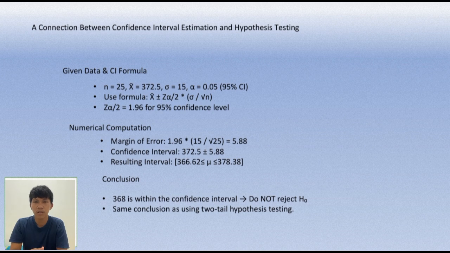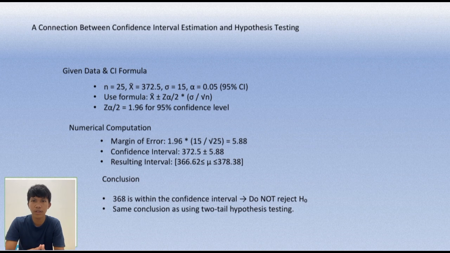So, the formula is sample mean plus or minus Z times the standard deviation divided by the square root of sample size. And Z equals 1.96 for 95% confidence. So, let's calculate the 95% confidence interval for the mean fill weight.